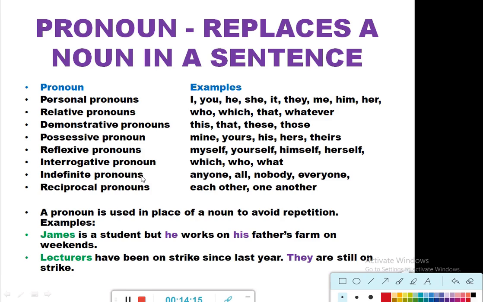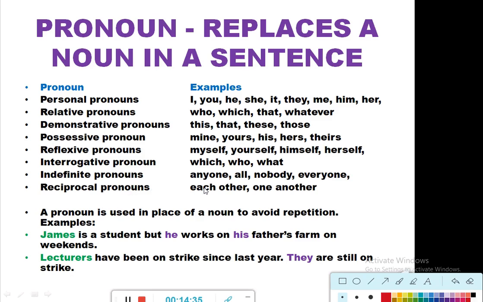Indefinite pronouns don't refer to anyone or anything in particular. Examples are anyone, all, nobody, everyone. You have others like somebody, something, and so on.